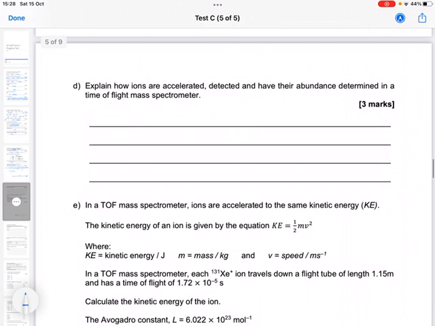Part D, explain how ions are accelerated, detected, and have their abundances determined by the time-of-flight mass spectrometer. So they are accelerated using an electric field. So that's the first bit done. Detected, so they are detected when they gain an electron.